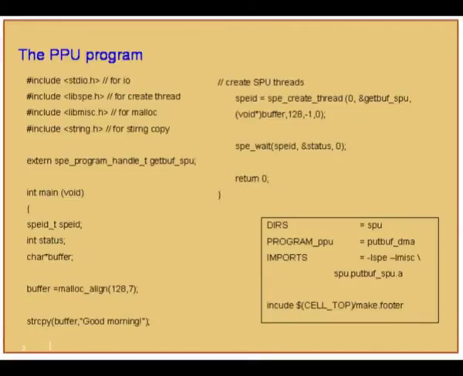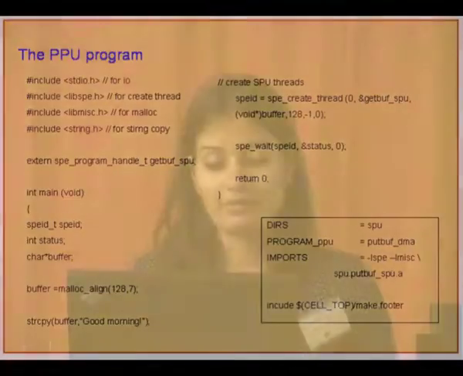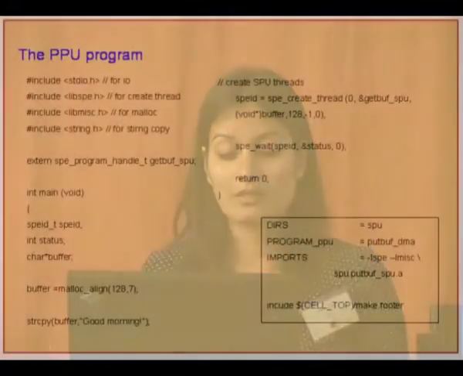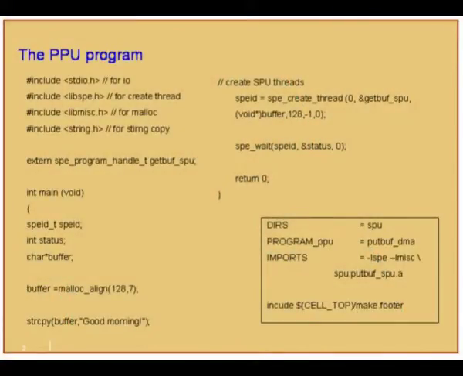Right now, one thing that I want everyone to notice is that in the PPU program, you'll always have to define one variable for the SPE ID. This is the buffer that we are creating. The malloc call won't be a standard malloc call. It would be malloc_align. Again, the support for this is there in the libmisc.h header file. So malloc_align is saying create 128 bytes and then align it on a 128-byte boundary, 2 to the power 7.